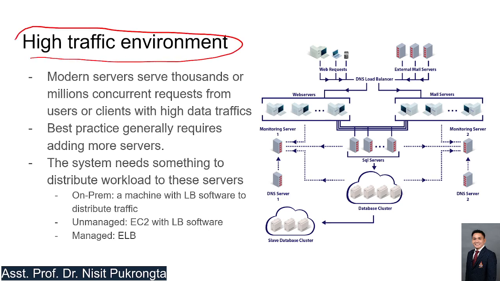In production, we can use the load balancer to handle a high traffic environment. If you look at this picture, in the existing on-prem setup, if you would like to load balance, something like this is a DNS load balance, and this we can call an application load balance, and a database load balance like this.